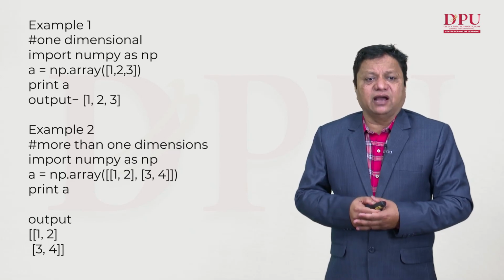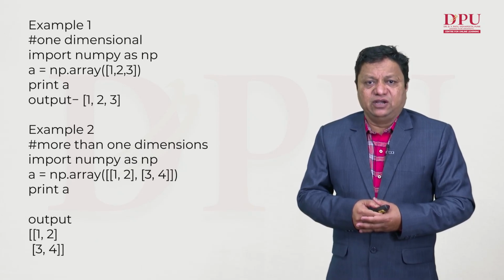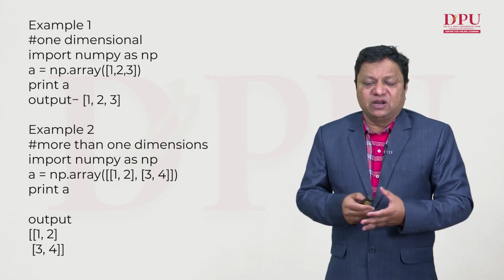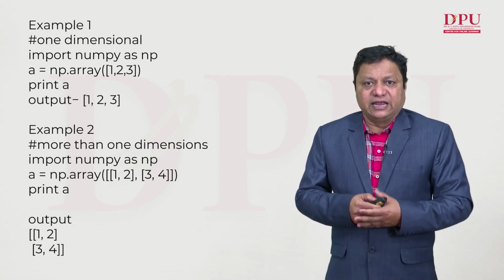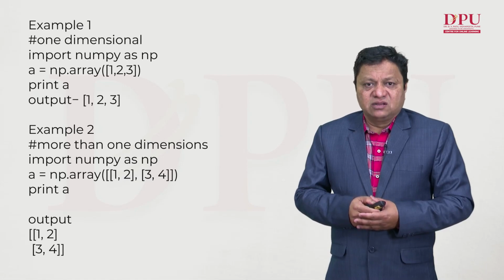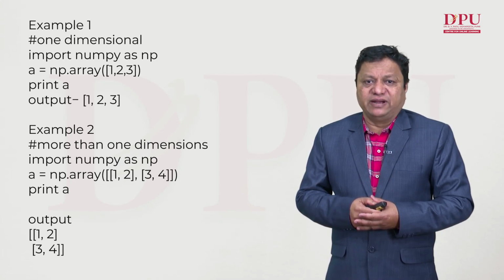After that, like in the above example, you can create a multidimensional array as A is equal to np.array in the rounded bracket, and in this square bracket I can provide the values for the first row, that is 1 and 2, comma, again in the second square bracket I provide the values for the second row.